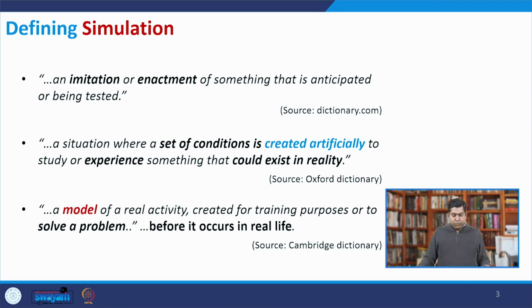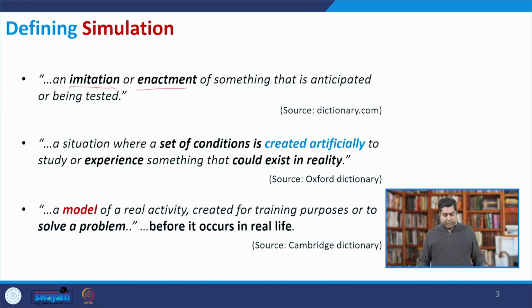Now, defining simulation. If we go with some dictionary meaning, dictionary.com says simulation is an imitation or enactment of something that is anticipated or being tested.